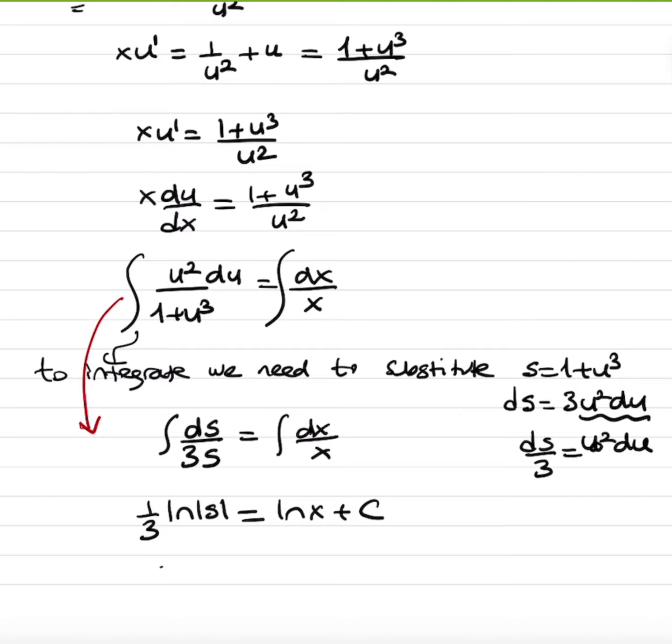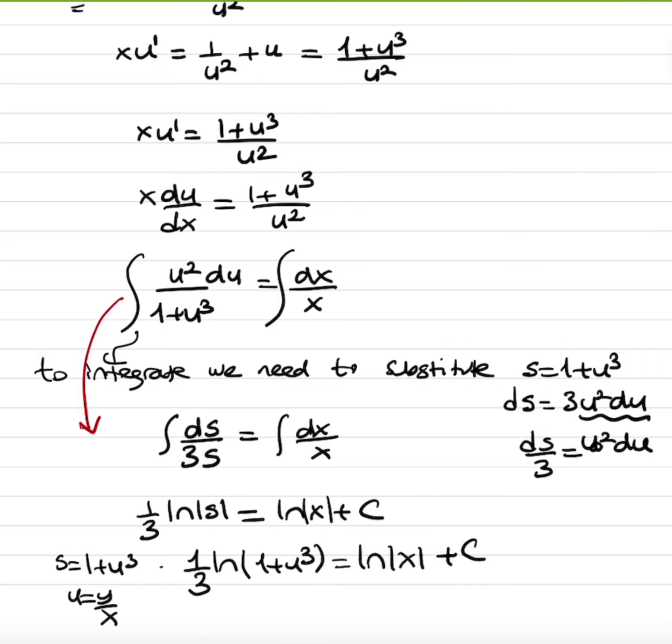Don't forget that. So it is 1 over 3 ln of 1 plus y over x cubed, equal to ln absolute value of x plus c.